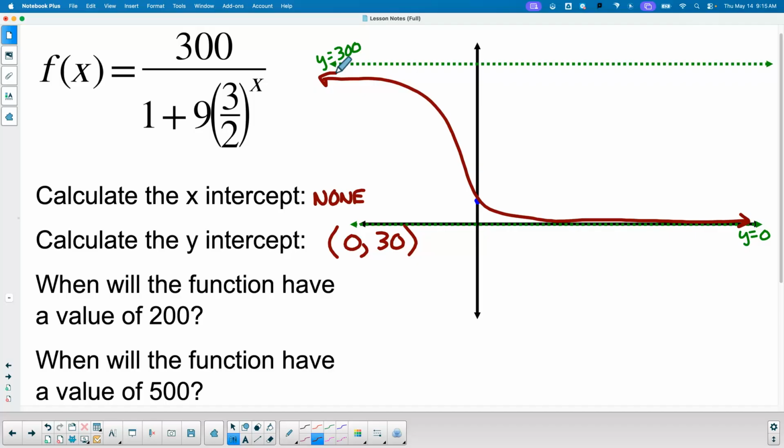When will the function have a value of 200? So now we set the function equal to 200.